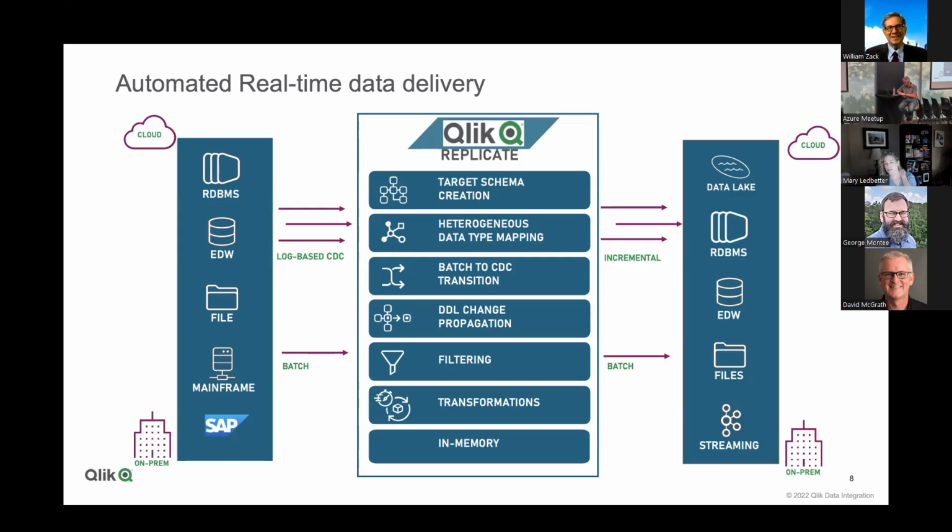So the kinds of transformations are like maybe you've got some dates that come in wonky on your source and you want to make sure that they're set up a certain way on your target. You can set a global transformation to transform any date into a certain format. Or you want to add a column to every single table on target with the commit date, so you know when every row was committed at the source system. Things like that we do all the time.